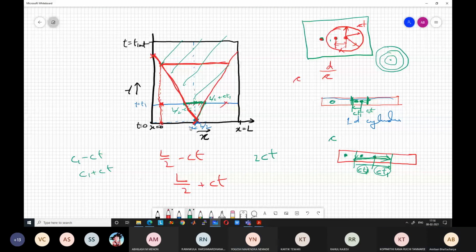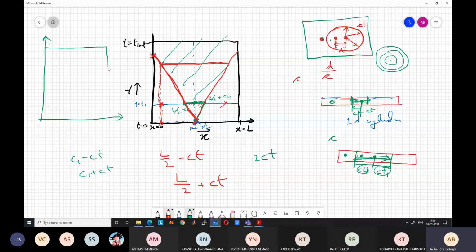So similarly, now consider another case, where the perturbation is given at a later time. Again, x equal to 0, x equal to L, t equal to 0, t equal to t last.